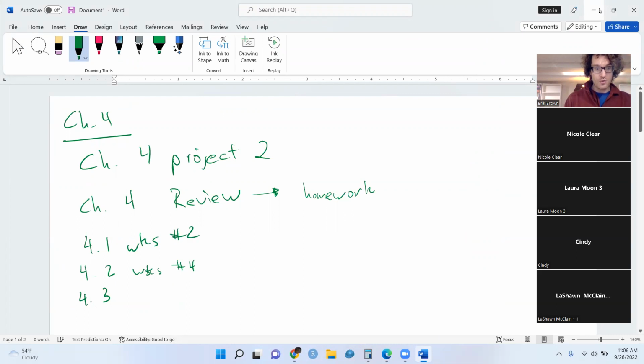I don't know that 4.1 is really going to be super useful, because I think it's the more basic stuff of correlation and explanatory variables that we've already done in 4.2 and the chapter 4 project. So I think let's do this. Let's ignore this one for now. Let's look at 4.3 and finish the chapter 4 project.